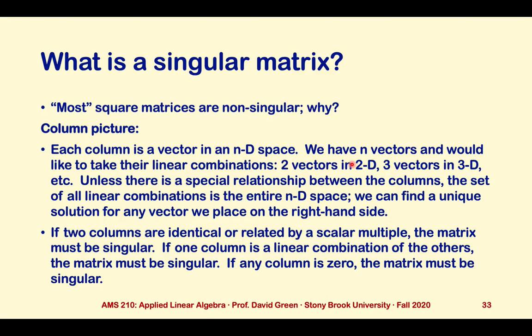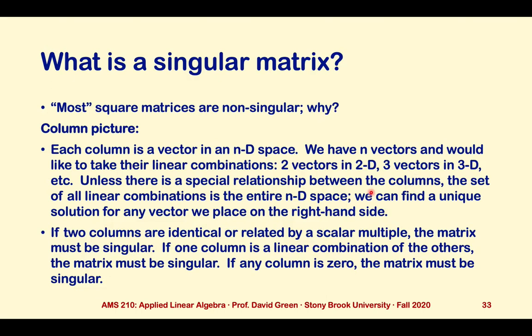Right? Similarly, usually 3 vectors in 3 dimensions can be used to construct any other vector in 3 dimensions. There's a unique solution for most 3 vectors in 3D, for most n vectors in nD.